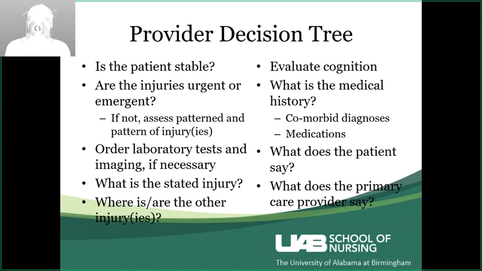So after determining the cognition, the medical history, the comorbidities, the medications, you've got to know what that patient is going to tell you. I can tell you that they're going to have a great memory for what happened 20 years ago, but they're not really good at remembering what they had for breakfast. So do you have access to that primary provider? Do you have access to family members? What do they say?